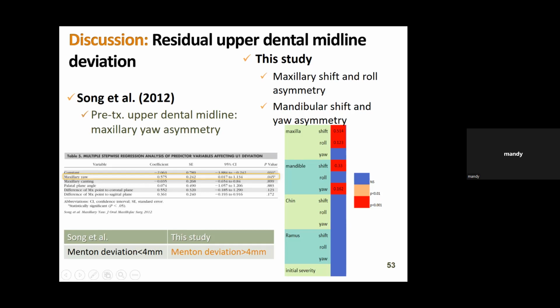However, in our study, the residual upper dental midline deviation is related to maxillary shift and yaw asymmetry and mandibular shift and yaw asymmetry. The discordant findings may be due to the fact that they excluded samples with menton deviation more than 4 millimeters preoperatively to minimize the effect of mandibular asymmetry on maxillary deviation, and they did not evaluate the effect of variables related to the mandible.